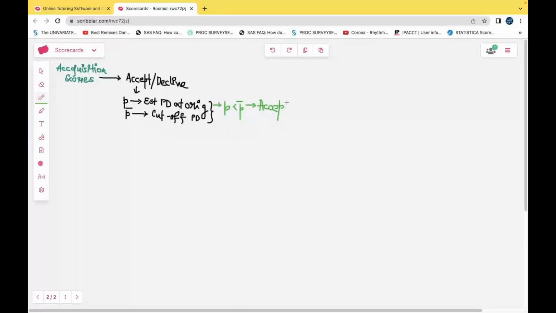So if the estimated probability of default is less than the cutoff probability of default of the borrower, that is, if the estimated risk is lower than the accepted level of risk, then there is an accept, right?